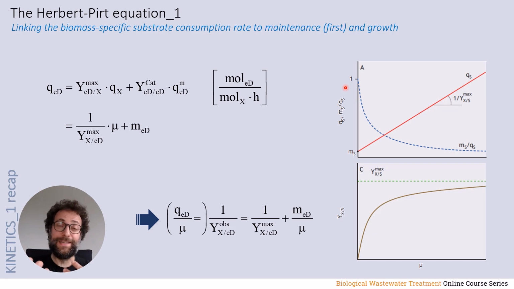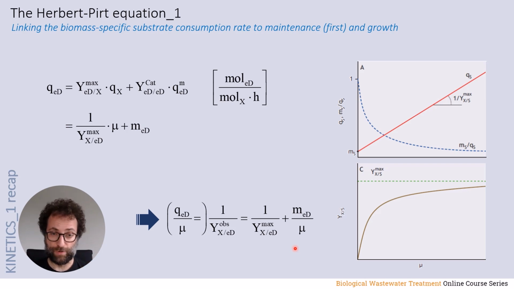Now, to discuss the same from a yield perspective, we also rearrange this equation to obtain an equation that expresses the experimentally observed biomass yield as a function of the maximum biomass yield and the experimental conditions.